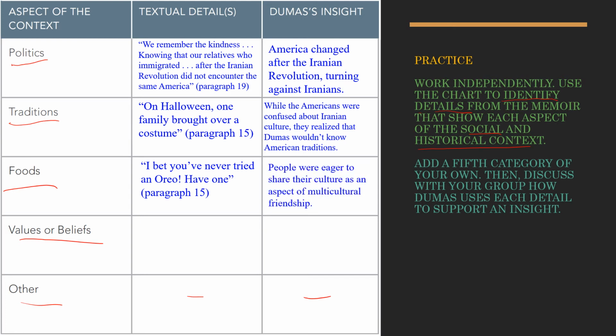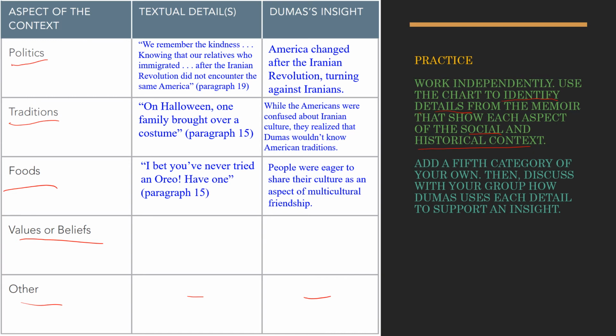So here comes the insight. People were eager to share their culture as an aspect of multicultural friendship. They were very nice to her. They were trying to make her try everything in the US, from food and clothes to visiting places, etc. You should read the story to see all of those.